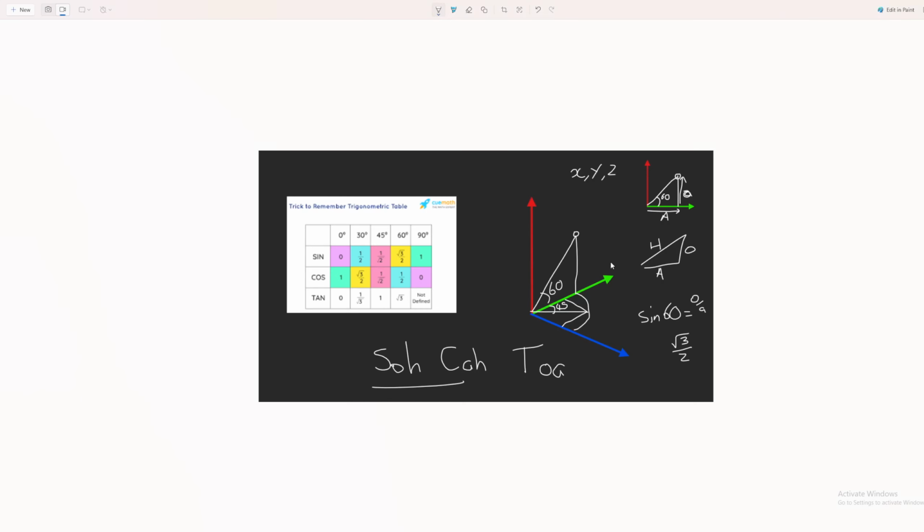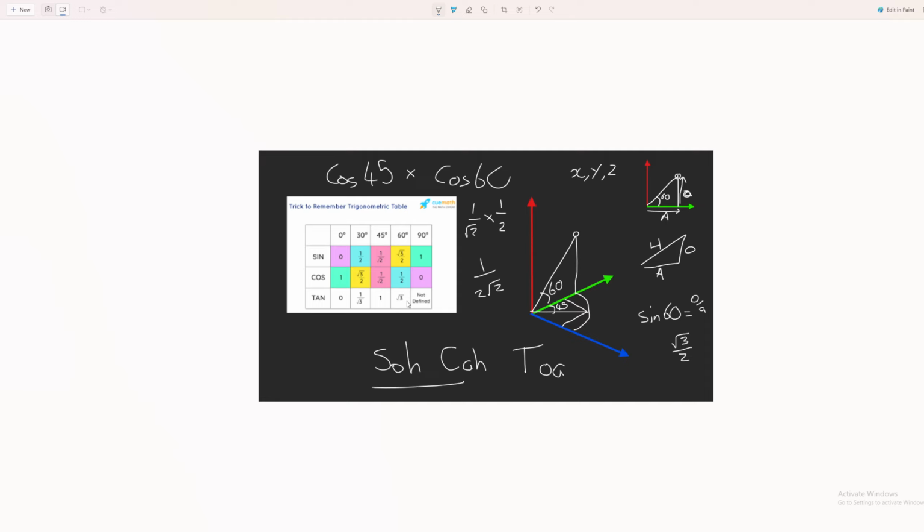So if we were writing that here, the pitch is 45, so cos 45 times cos 60, which is a half, times cos 45, which is 1 over root 2, which then equals 1 over 2 root 2.